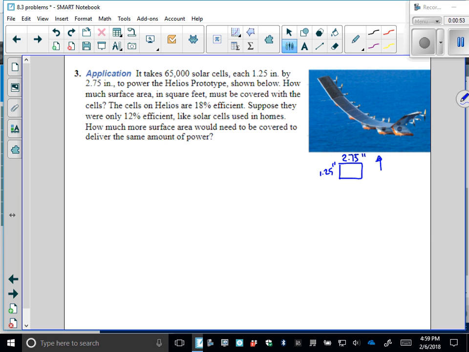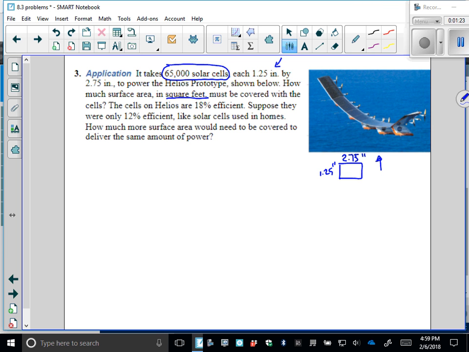So you know that it takes 65,000 solar cells to cover the helio prototype, and you know the size of each little cell. And we're wanting to be in square feet, but our values are in square inches.